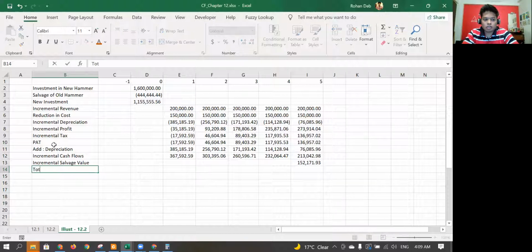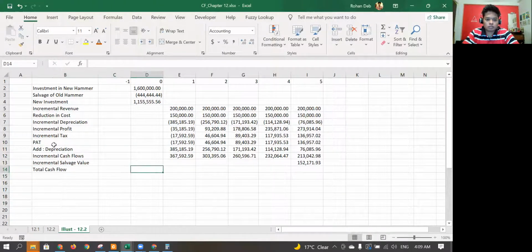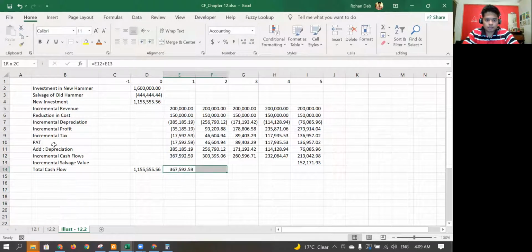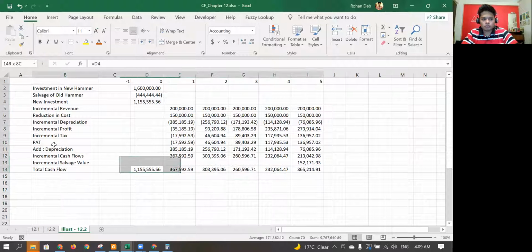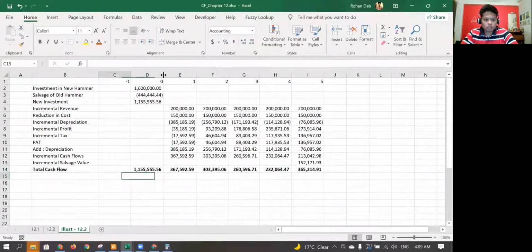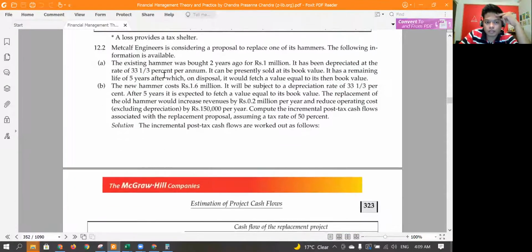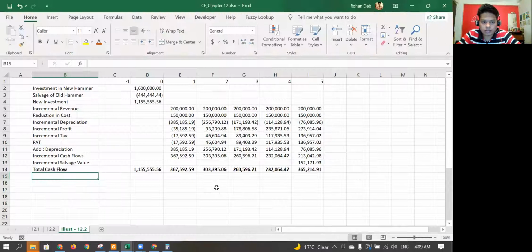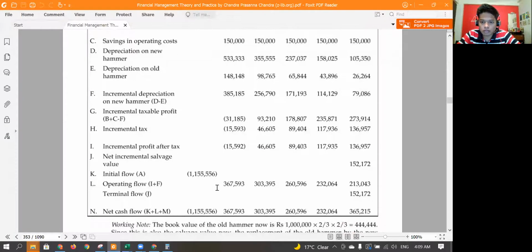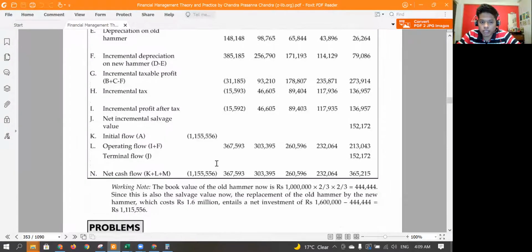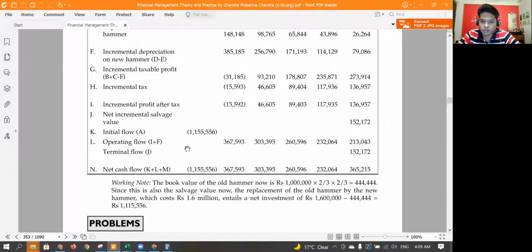So that's the total cash flow, equal to this one plus this. Yeah. So see, this is what they have also done. 367,553. Perfect. 152,000. So this value is given wrong. 11,555. This is a typo. It should be 111,555.56. Okay.